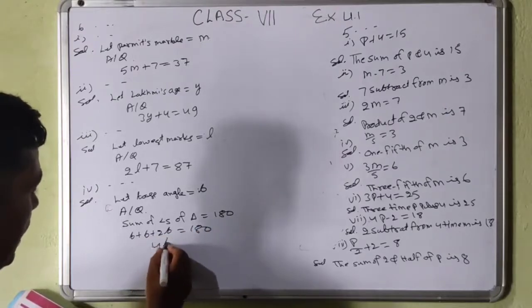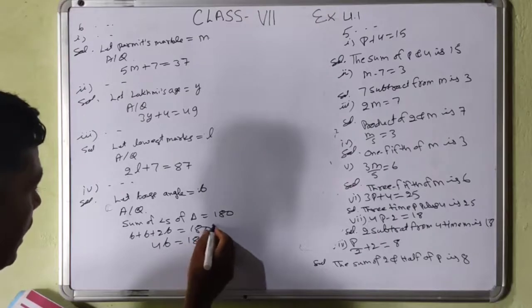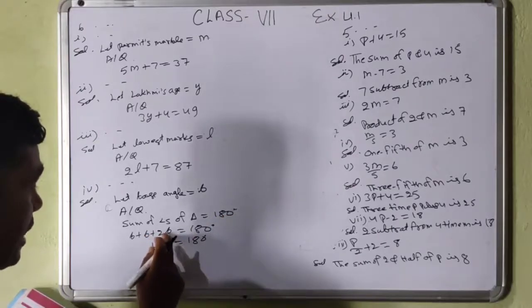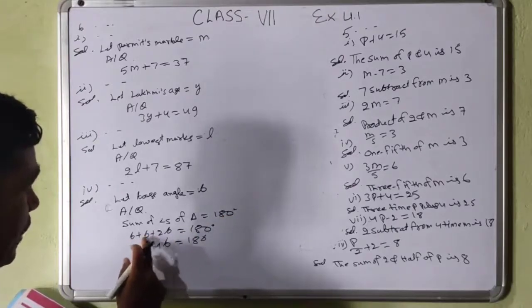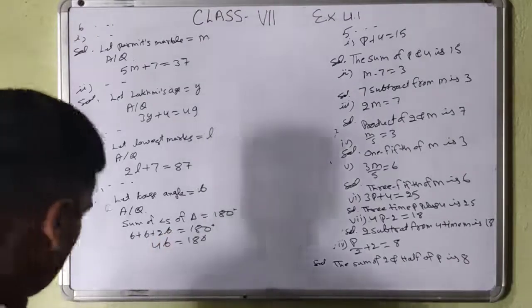So that will be 4B is equal to 180 degrees. That is the vertex angle and these are the base angles. The vertex angle is double, as given there.